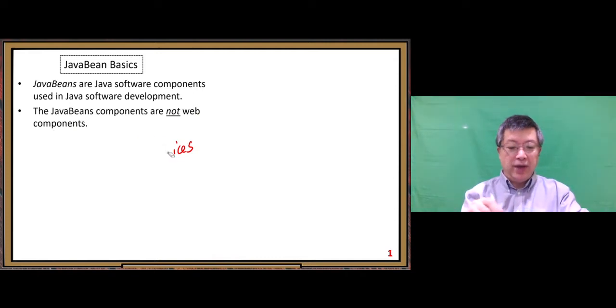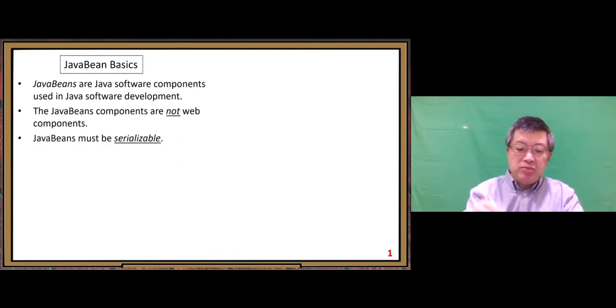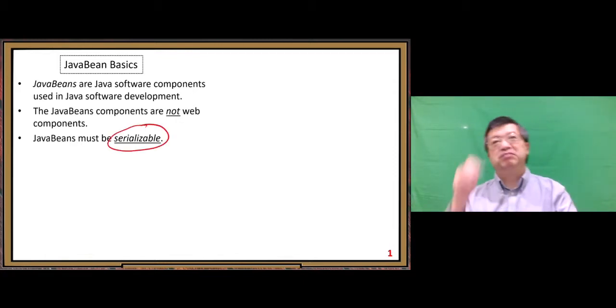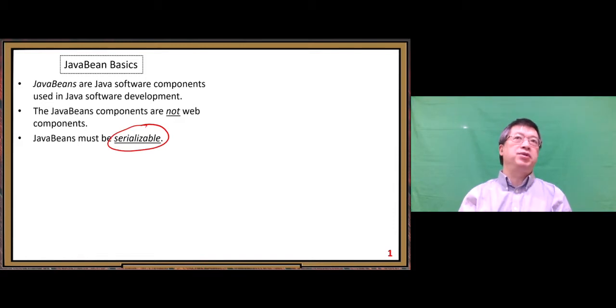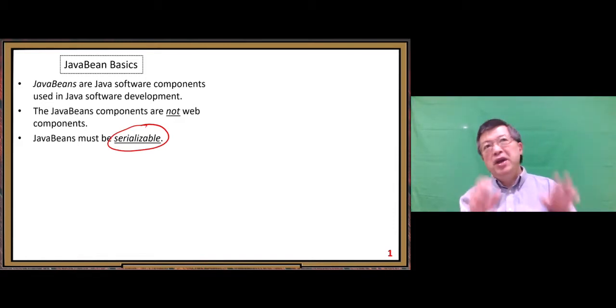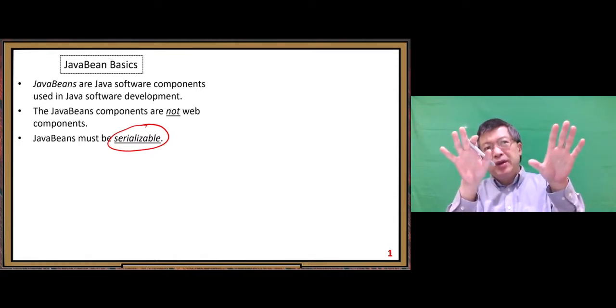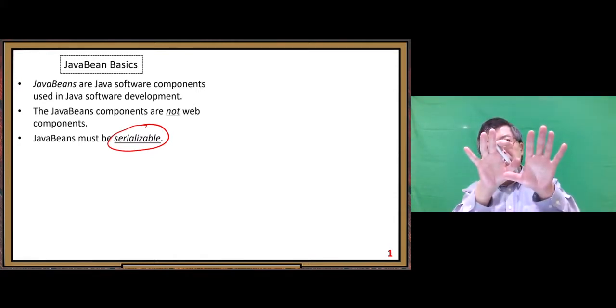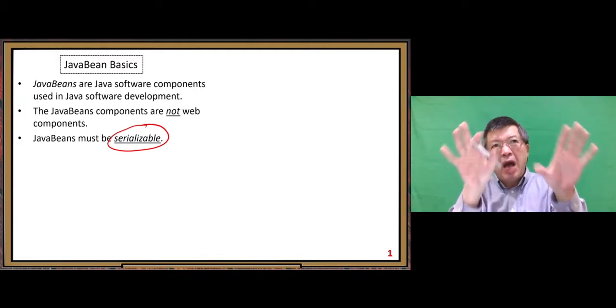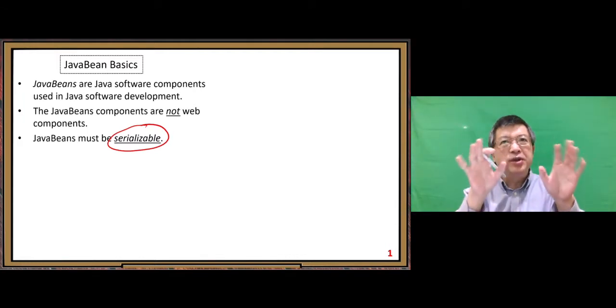All right. Next, another concept related to JavaBeans. JavaBean must be serializable. This is another very important concept. Some of you may have experience with this. When you work on some Java classes, sometimes you may see this word, serializable.